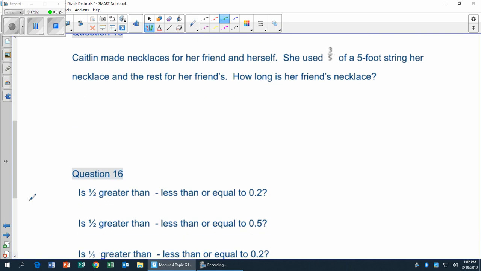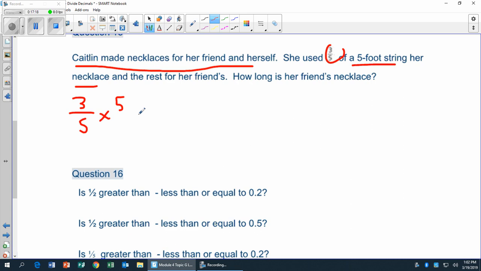Okay, now we have Caitlin, and Caitlin's making necklaces for her friends. She uses 3/5 of a 5-foot string for her necklace. And that's for Caitlin. 5 divided by 5 is 1, and 1 times 3 is 3, which would be 3 feet.